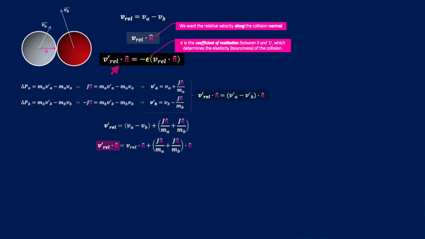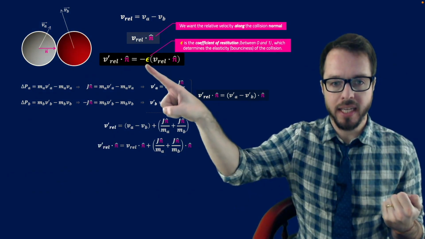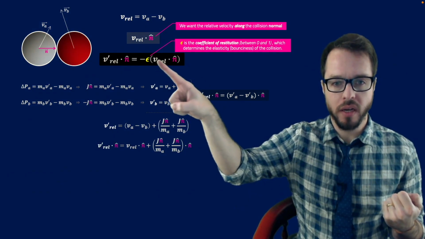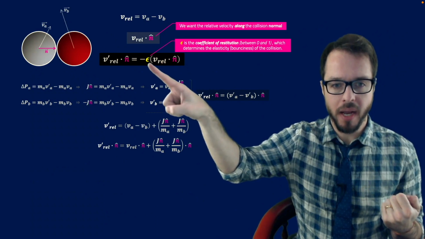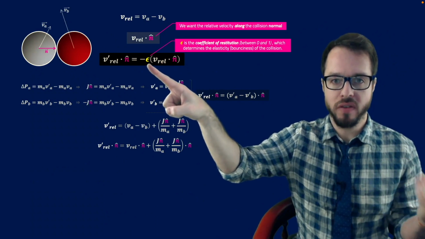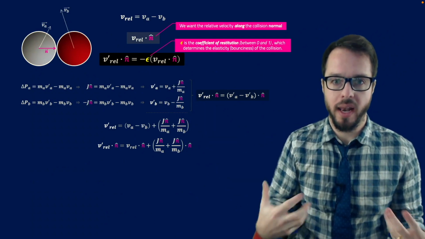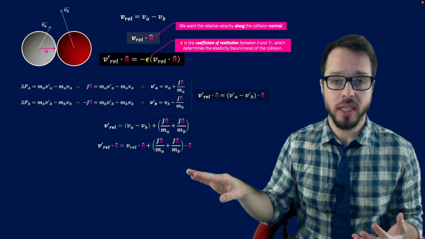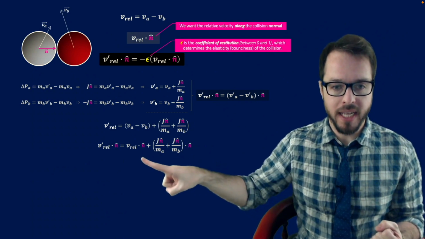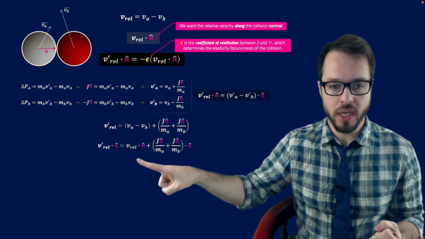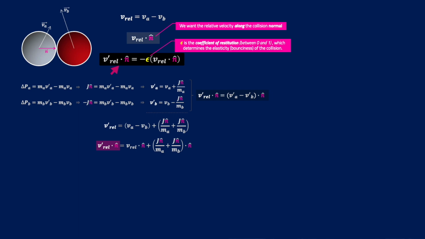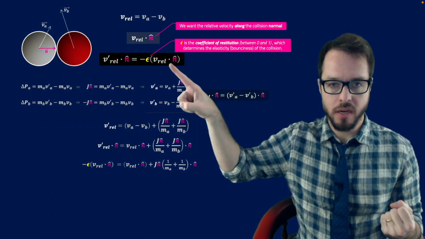So the new relative velocity dot product n has to do with the old relative velocity dot product n multiplied by this negative coefficient of restitution, right? This factor that we have to multiply that tells us how elastic or inelastic our collision is. So let me just replace that V new rel dot product n with this formula right here. So just replacing this thing with this thing right here.